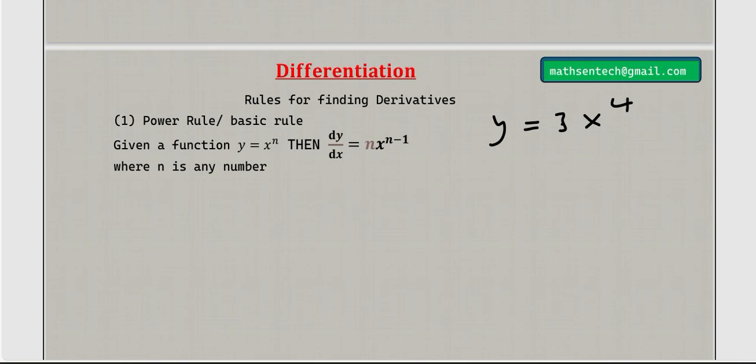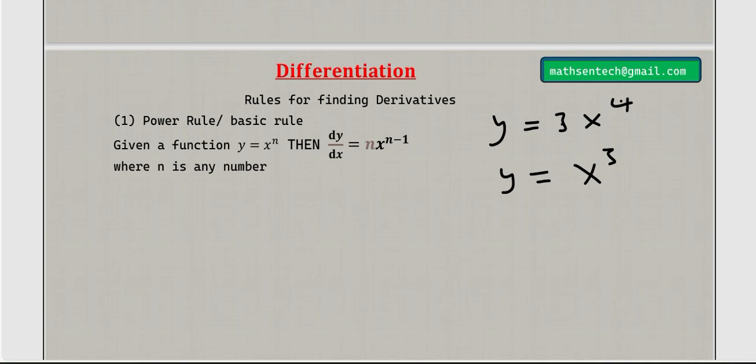This 3 is the coefficient of x. This 4 is the power of x. Then you also have an equation like y equals x cubed. Now you realize that x does not have a coefficient, or you can even say the coefficient is 1. So it's just x cubed.